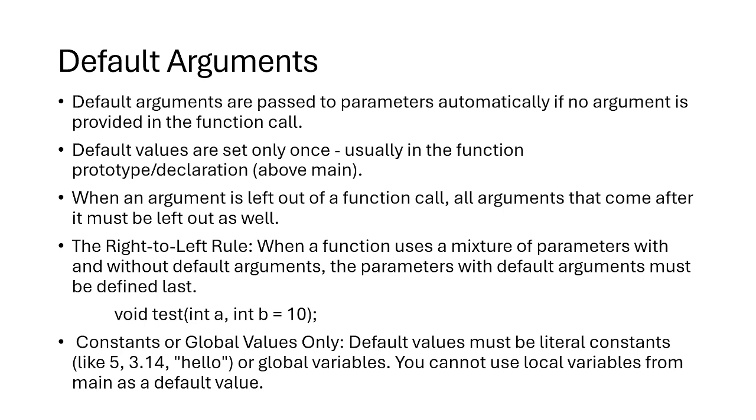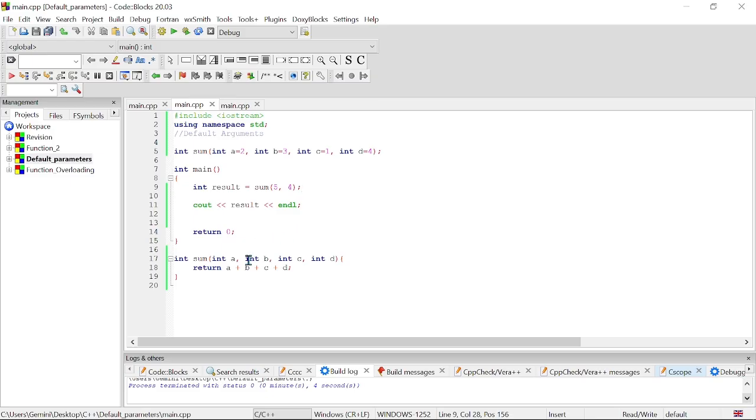When a function uses a mixture of parameters with and without default arguments, the parameters with the default arguments must be defined last. So basically, there can be a case where you define this function, you have your default parameters, but then you want to give the default argument to certain parameters, not all of them, right?